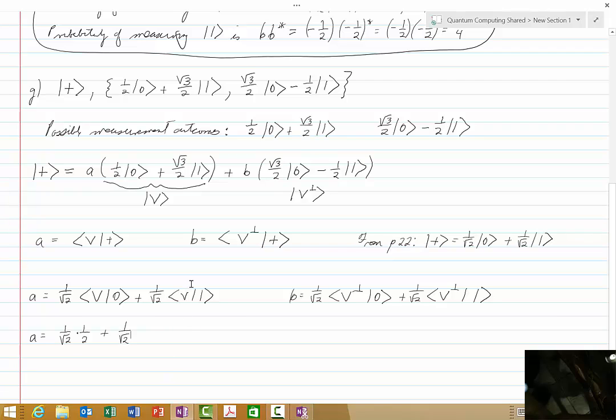And then for the second term, when we take the inner product with 1, the first term will drop out, and then we have this, so square root of 3 over 2. When we do the same thing in the equation for b, we get 1 over square root of 2, and then for the inner product of v orthogonal with 0, you can see from this equation we will get square root of 3 over 2.